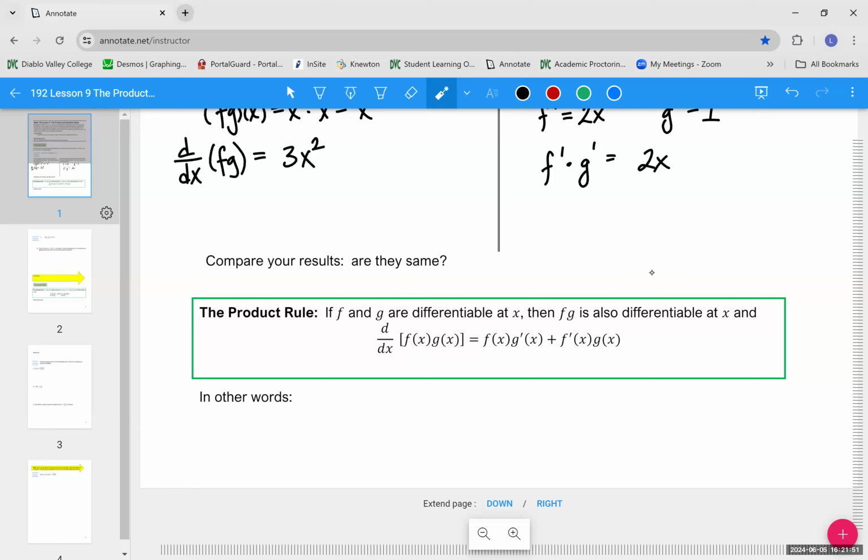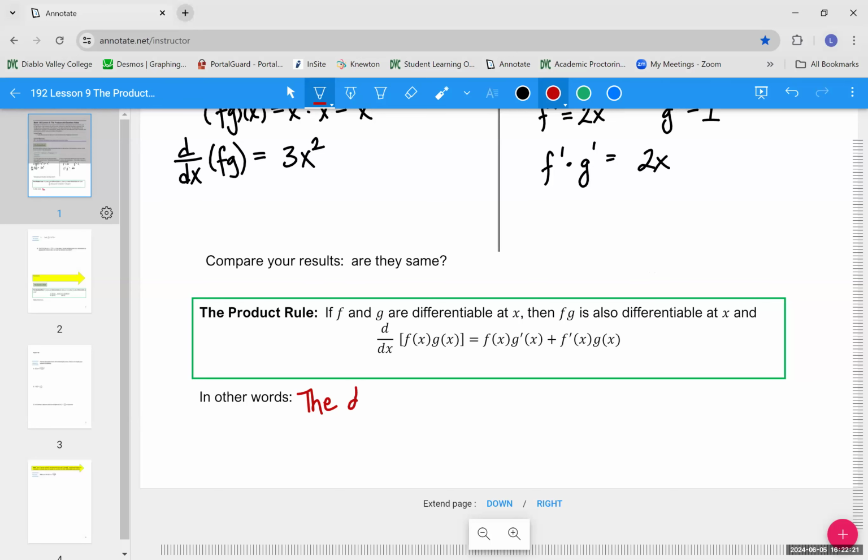So let's look at what we have. I'm going to call f the first function and g the second function in our product. So the derivative of the product is just the plain old first function times the derivative of the second one plus the derivative of the first function times just the second function. Okay. So that was kind of what I was going to write down here in other words so that you just have a way to decipher that notation.